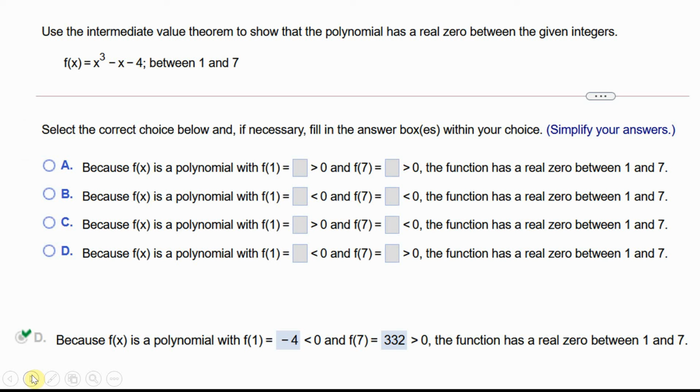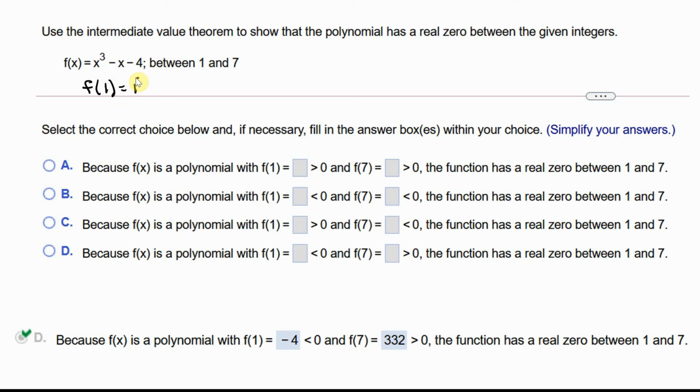It says that if I can evaluate the function at 2 points, and if I get a change in sign, one is negative, the other is positive, or one is positive, the other is negative, then that means that the graph crosses the x-axis, so there has to be a zero somewhere in between. So they want you to find first f of 1.